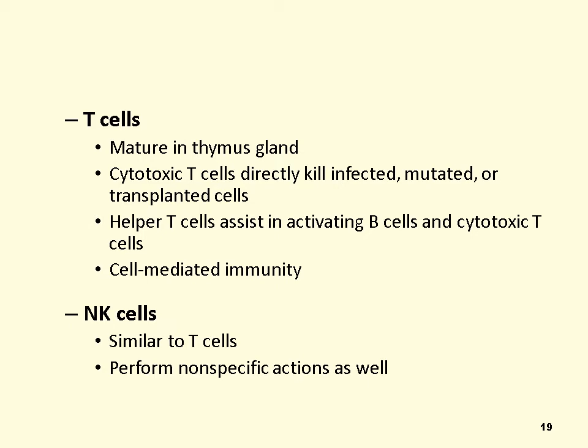NK cells are similar to T cells in what they do in terms of recognition. So they're not working on the PAMP basis at the moment. They're working on antigenic recognition, but they also have the capacity to do these non-specific PAMP-based things. And what I'll just say about this point is we don't know all the types of NK cells that are out there.